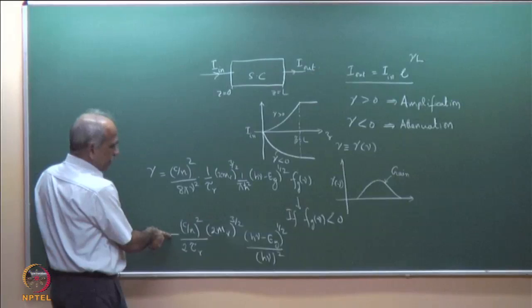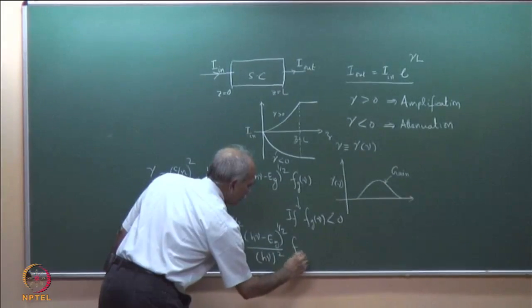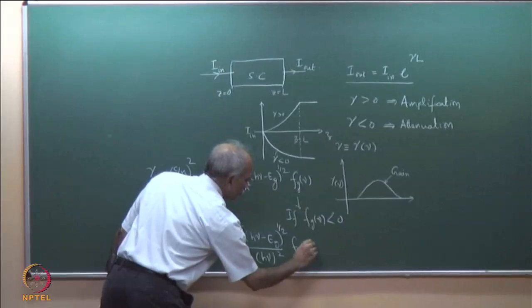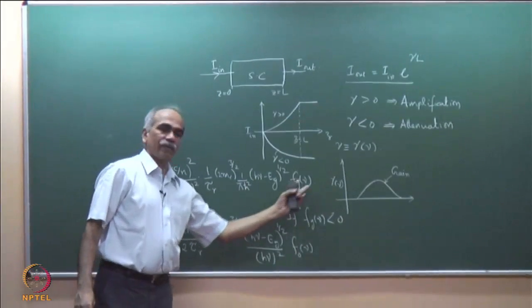So, I have taken the negative sign here, and I write this as f 0 of nu, where f 0 of nu is mod of f g of nu.